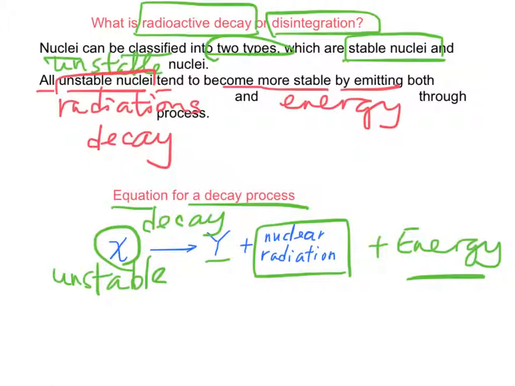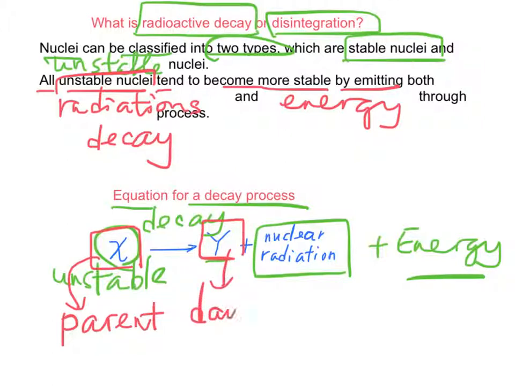During a radioactive decay process, the nucleus that decays is called the parent nucleus. And the nucleus formed after decaying is called the daughter nucleus.